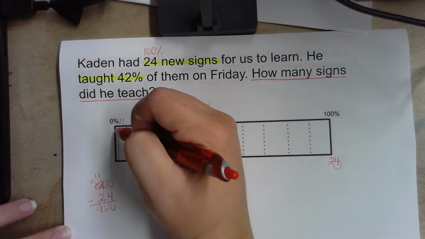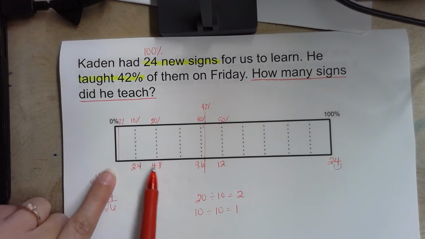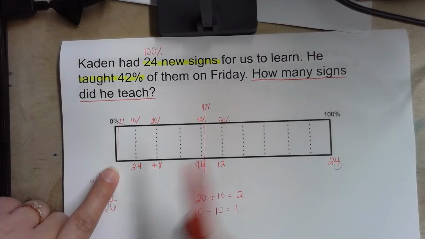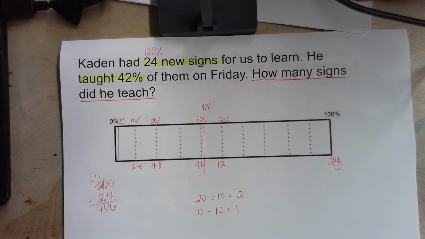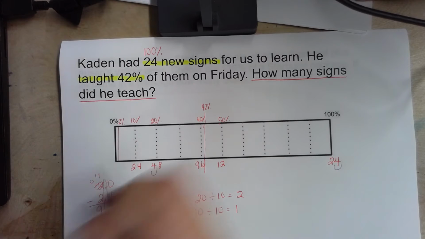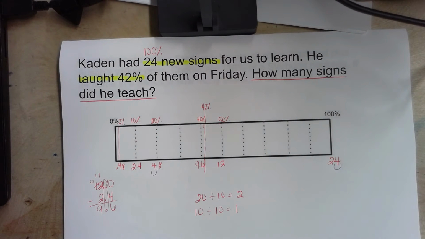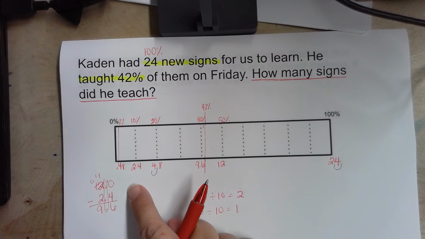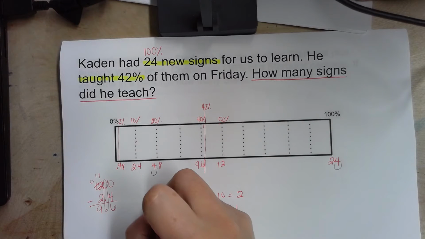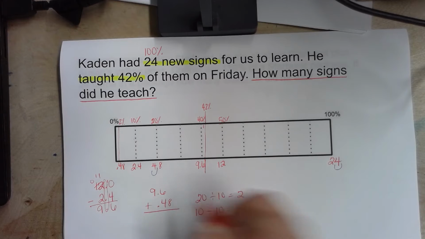So it would be a place value shift, and that would get me the 1%, so then I could do 1% plus 1%. But we'll do this. So 4% with a place value shift. Let me find where my purple pen went. Oh, here it is. So do a place value shift. So the 2% would be 0.48. Okay, so now in order to get to this 42%, I'm going to take the 40 plus the 2%. So 9.6 plus 0.48.